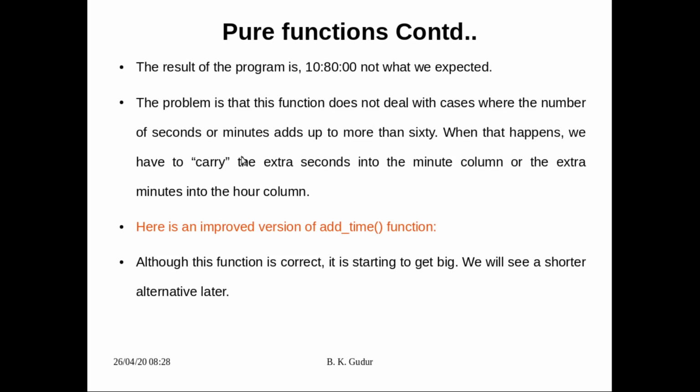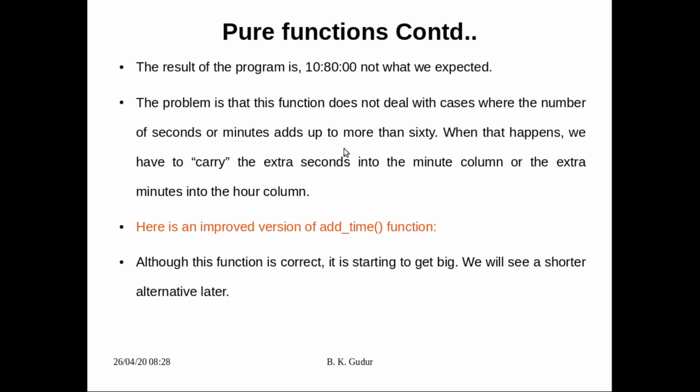When that happens, we have to carry the extra seconds into the minute column and the extra minutes into the hour column. Whenever the seconds are more than 60, 1 minute should be added to the minute attribute. If the number of minutes is more than 60, then 1 hour should be added to the hour attribute.